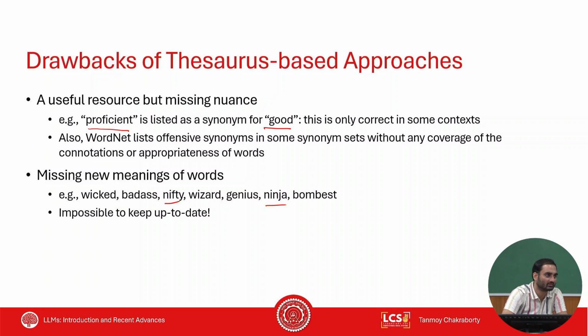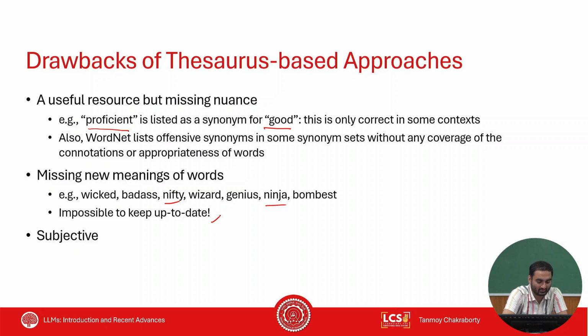If you want to add these newly coined words into the ontology, you need to actually study a lot about their usage. What are the senses, where they are used, and so on. And then you also have to remember what other senses can be linked to this sense of nifty, for example. So it's actually very complicated.